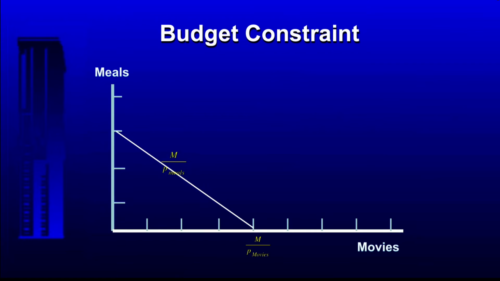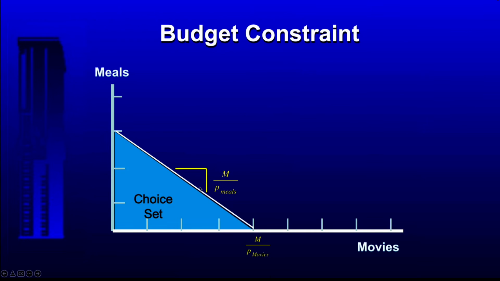We'll notice that the rise, the vertical axis representing meals, is going to be measured in terms of M divided by the price of meals, whereas the run, or the horizontal, is going to be M divided by the price of movies. So we're looking at the ratio of M over the price of meals to M over the price of movies.